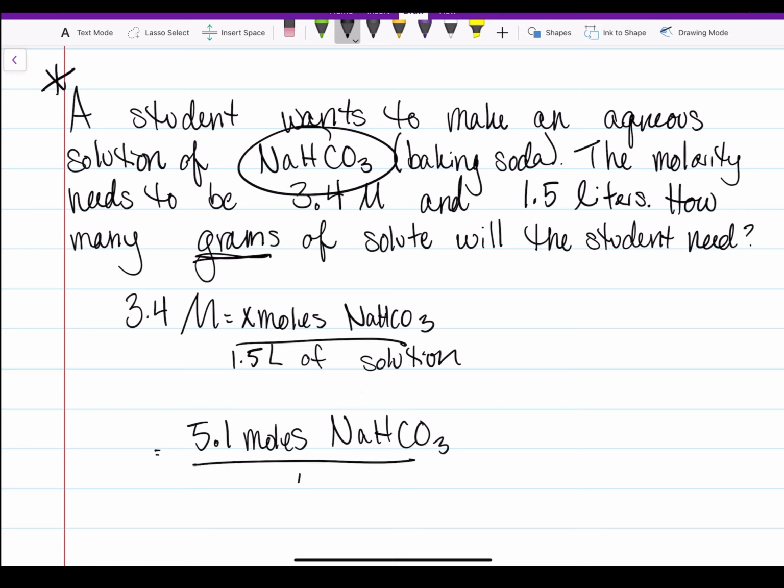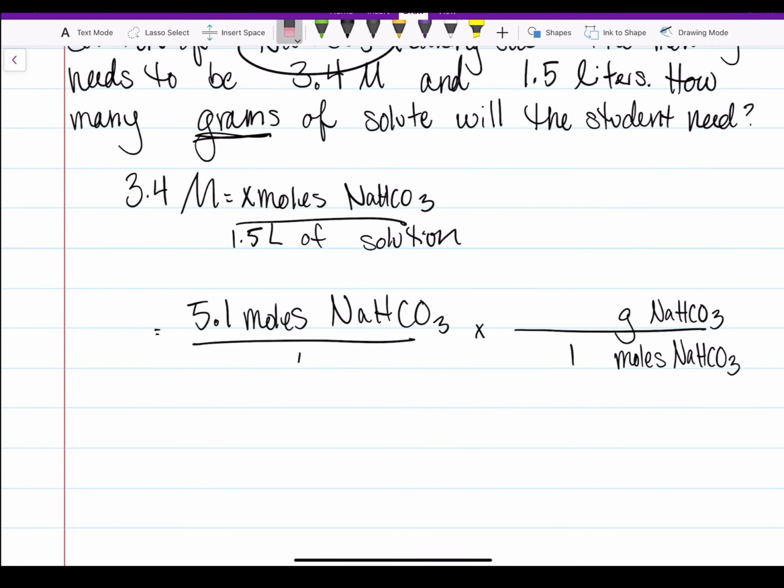So we start with that, we put it over 1, and then we convert to grams. We have moles NaHCO3 up here, so we pop that unit down here. And then we are converting to grams. We're gonna use the molar mass, and we're gonna fill that in here. So go ahead and calculate the molar mass of NaHCO3 and pop it here. So pause the video, calculate the molar mass of NaHCO3.